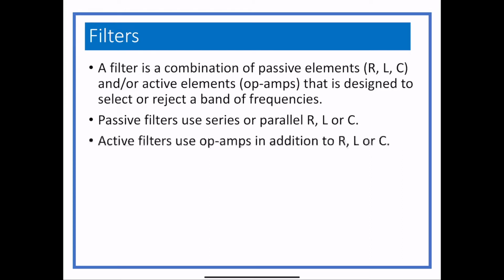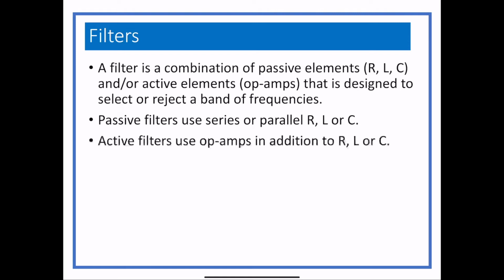Active filters use op-amps along with some type of resistor, inductor, and/or capacitor, depending on how you build them. Active filters have their own set of advantages and disadvantages. They can be made very small, and they're very accurate. They do require a power supply, which a passive filter doesn't.